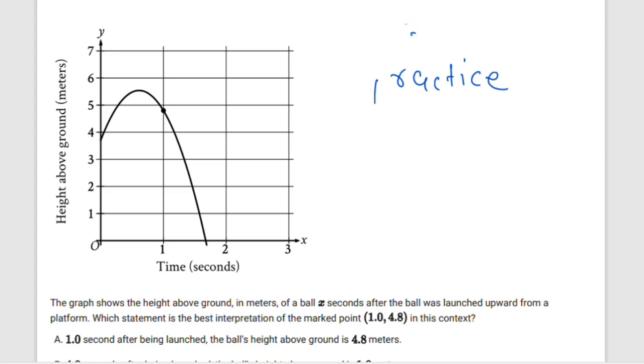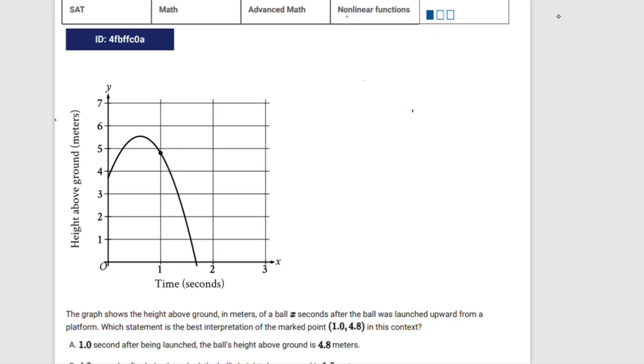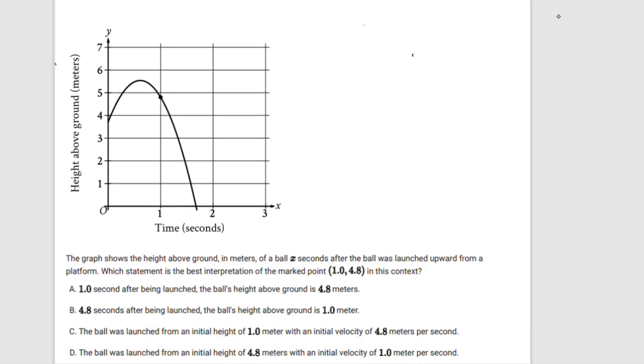So our first question is, the graph shows the height above the ground in meters of a ball x seconds after the ball was launched upward from a platform. Which statement is the best interpretation of the marked point (1, 4.8)? So we have a graph.